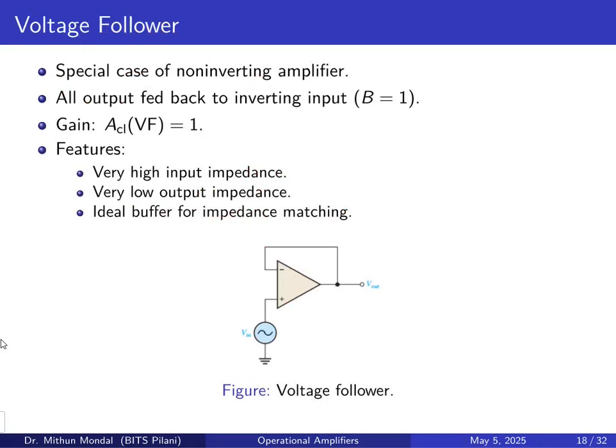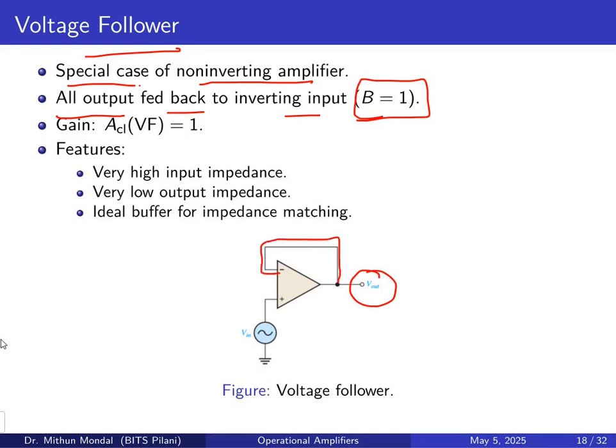The other configuration, which is special case of the non-inverting amplifier, is the voltage follower. Here, all the output will be fed back to the input. So the attenuation is 1. So the output you are giving to the input without having any resistor. So all the output is going to the input, and hence it is known as voltage follower.